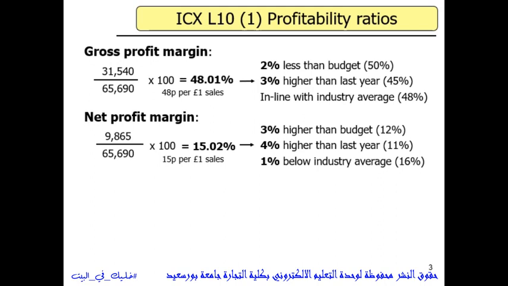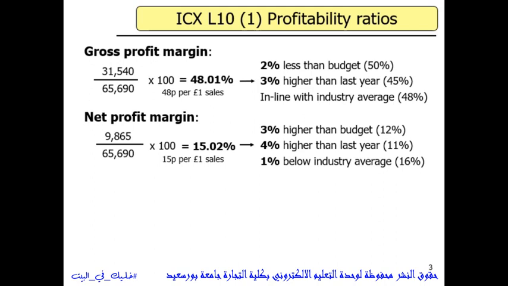As we said before, the gross profit was expected to be 50%, which means that the gross profit for this year is less than the expected gross profit by 2%. So it's 2% less than the budget.